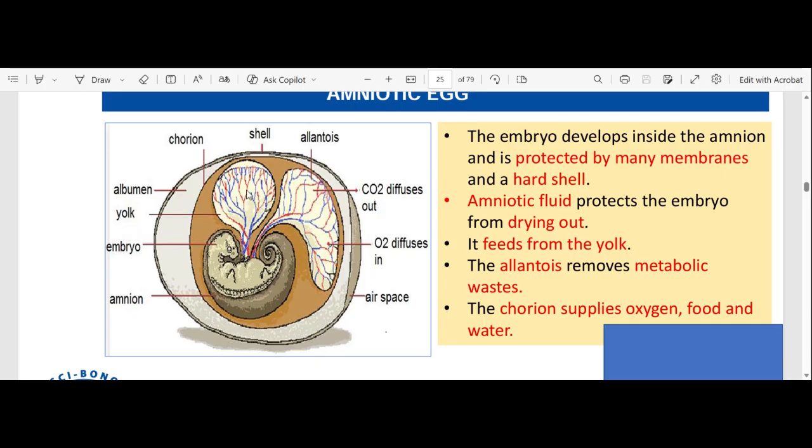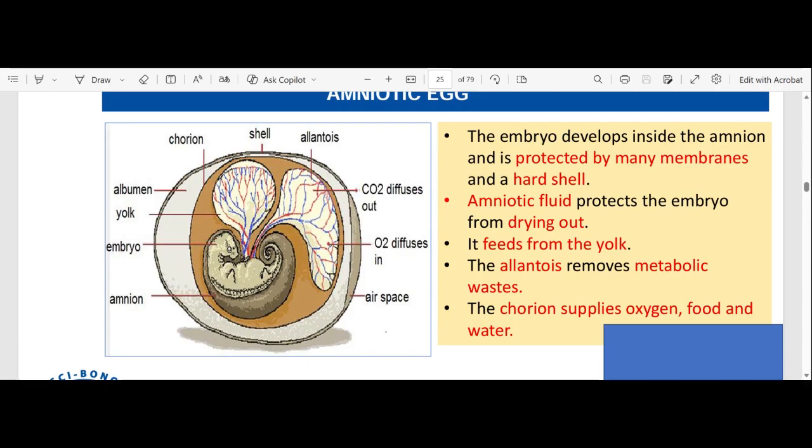This is the yolk sac, or the yolk. What's the function of the yolk? It provides nutrition for the embryo. And then lastly, you have your shell. Obviously, your shell serves as a protective shield for the egg.